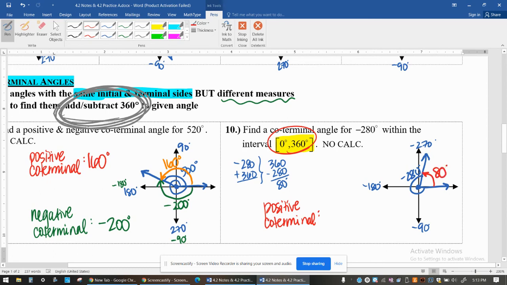Ta-da! There's my coterminal angle. Now, if I keep adding 360, then I'm going to go outside of my interval, outside of that window. That's like a restriction. Again, I didn't subtract 360 from negative 280 because that would not fall within 0 to 360, but I can add 360 only one time. That gave me 80, and I have to stop there because if I keep adding 360, I'm going to go outside of that interval.